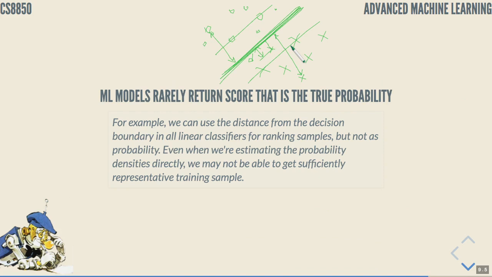But even when we're estimating a probability distribution, like in your naive Bayes homework example, where you were using kernel density estimators to arrive at the estimate of the probability, even then we may not be able to get sufficiently representative training samples, so those are not truly probabilities either. So what do we do in this case?